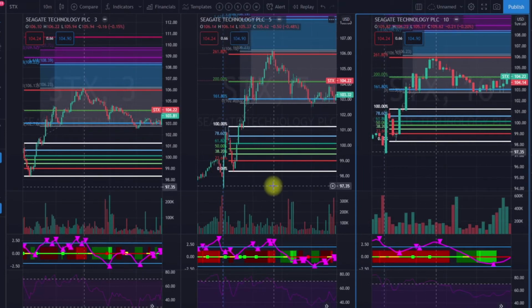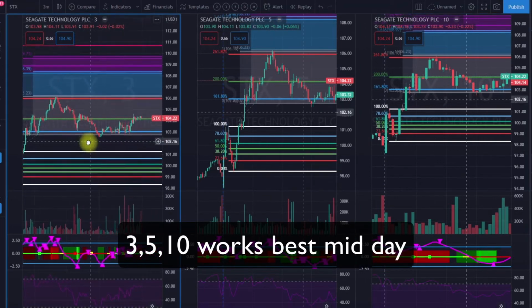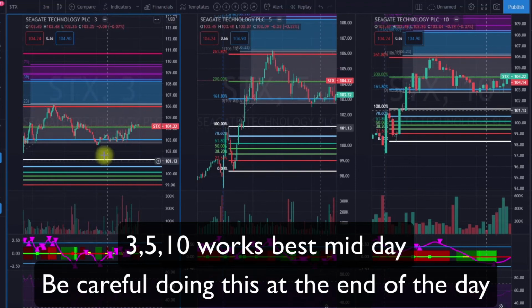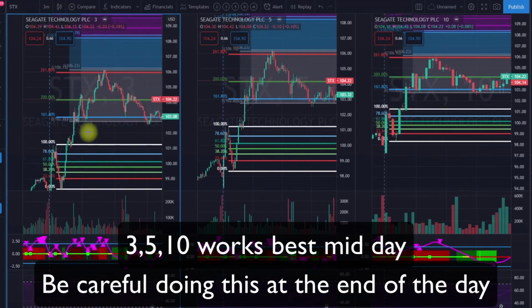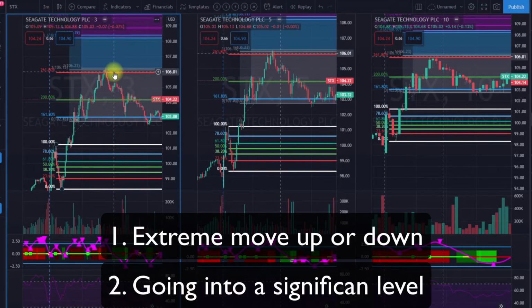If you're using a 3 minute, 5 minute, 10 minute, around this time, like midday, tends to work really well. Be careful doing this later in the day. Really, it's that simple. Just 2 major steps. A stock that's making a huge move, 3 time frames oversold or overbought, going into a significant level.